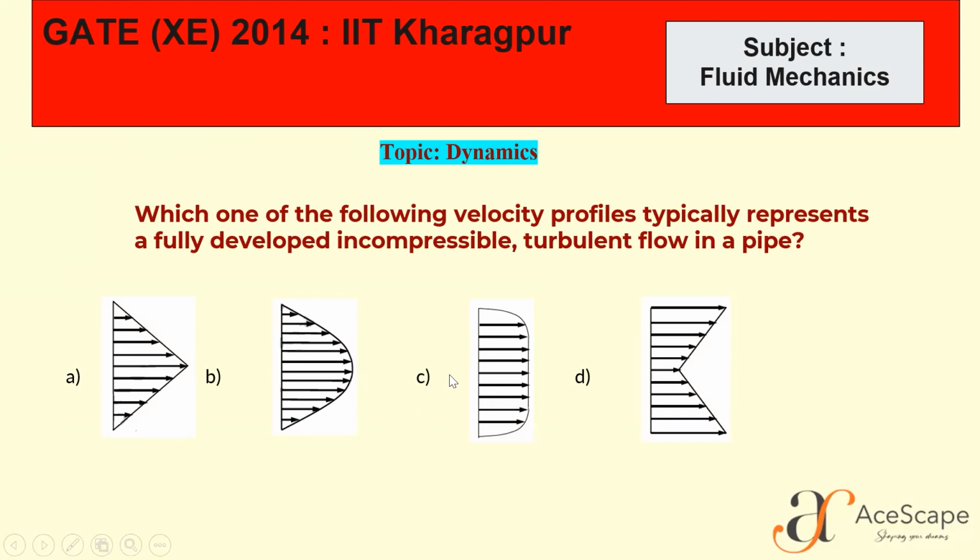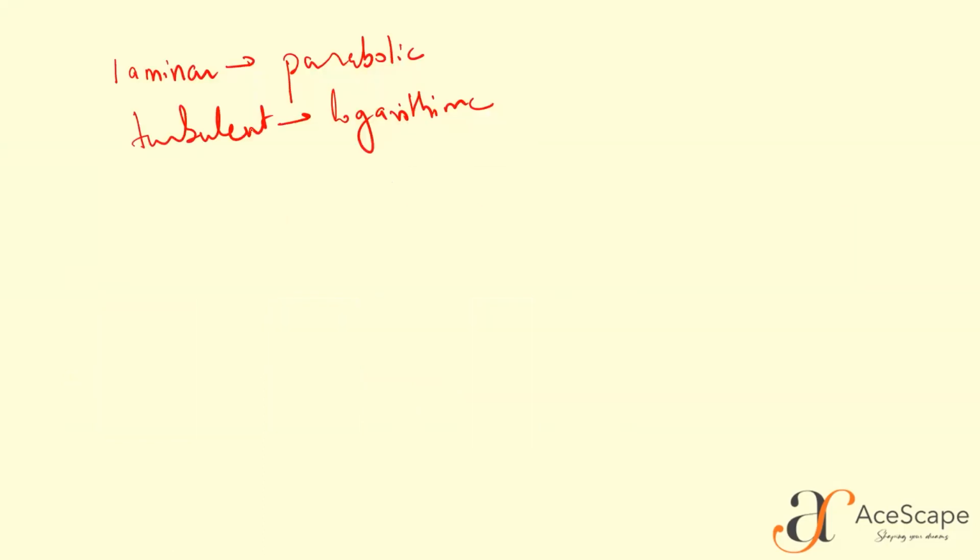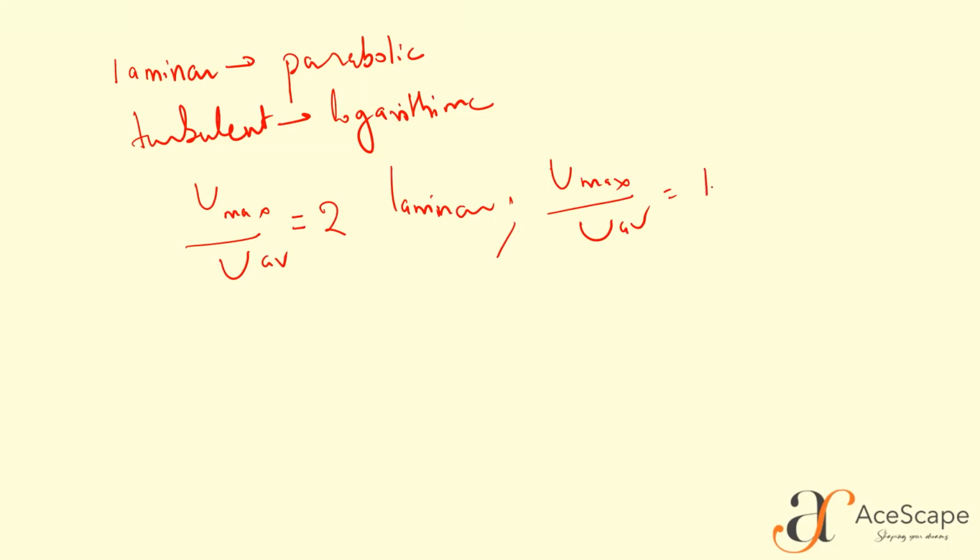There is one more relation we can use: U max upon U average equals 2 for laminar. But for turbulent, the ratio is around 1.1 to 1.15. So the maximum is very close to the average velocity in the turbulent case, but for laminar the maximum is twice the average velocity.